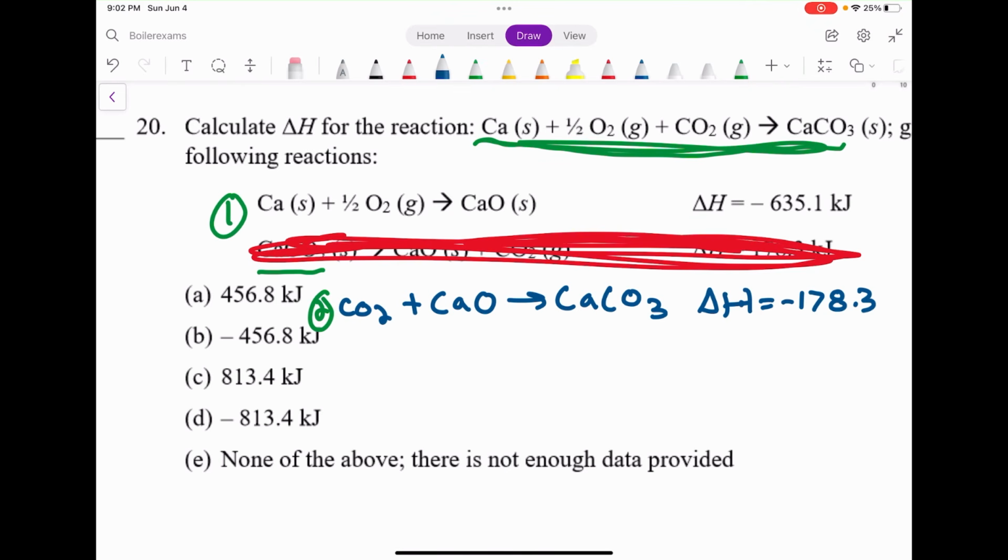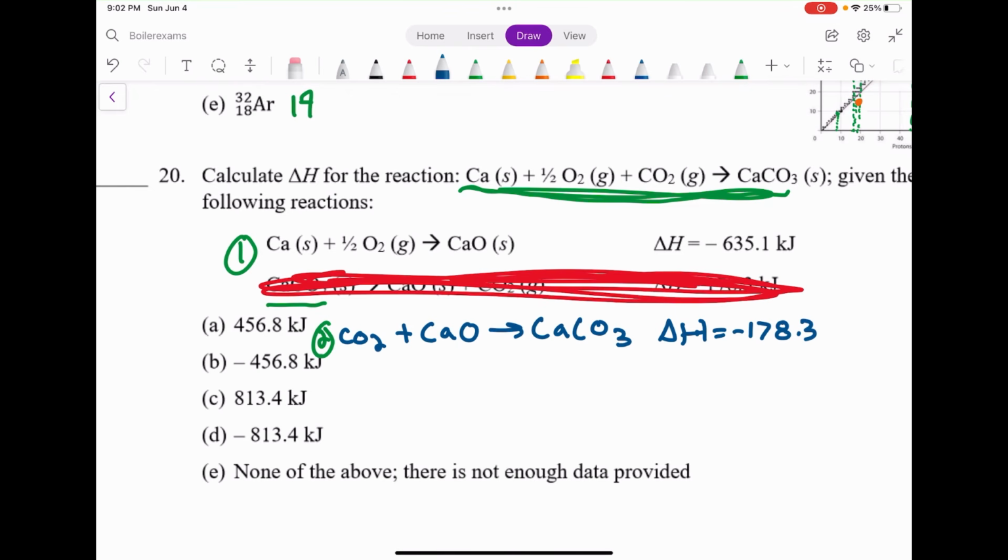Now we can combine this first reaction with this reaction to yield the desired reaction. So let's do that. If we just straight up add them, we will get this reaction. If we have this calcium oxide on the left side and then a calcium oxide on the right side, they will cancel. And as you can see, there's no calcium oxide in this desired reaction.